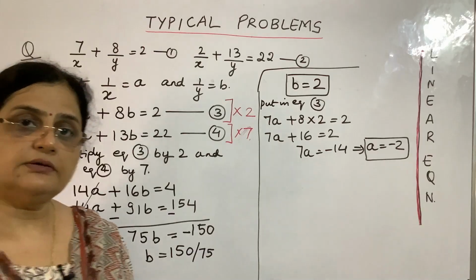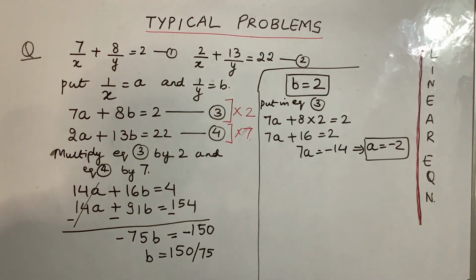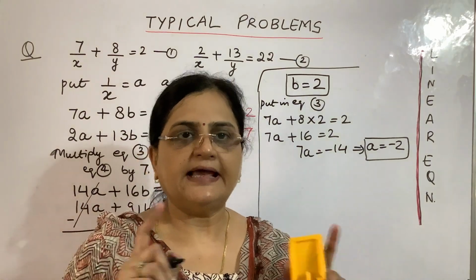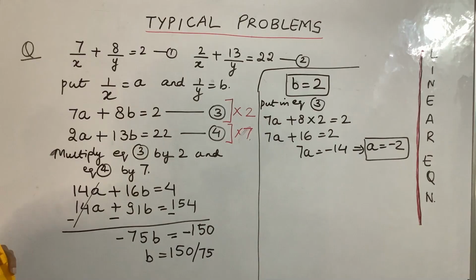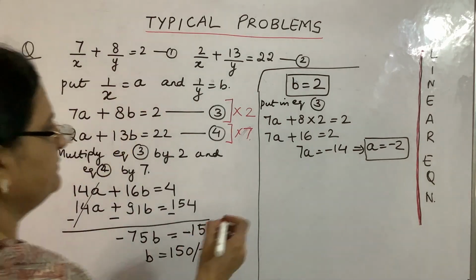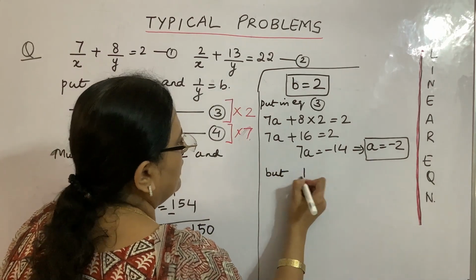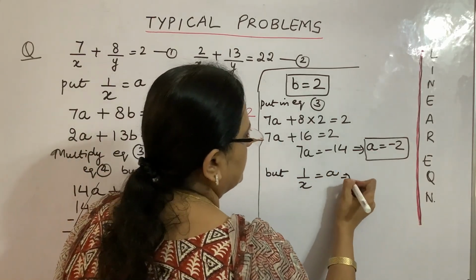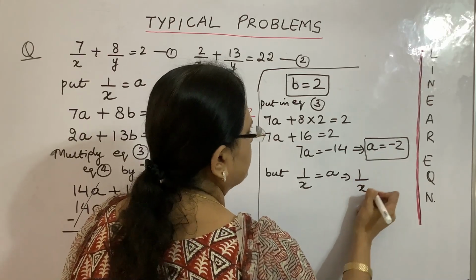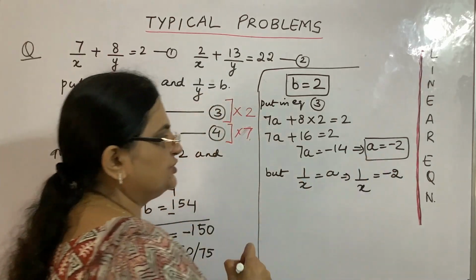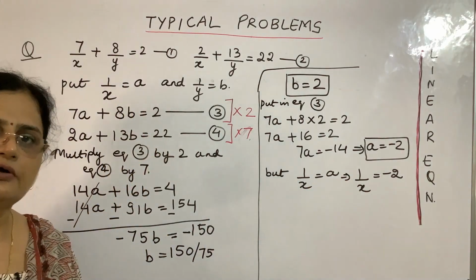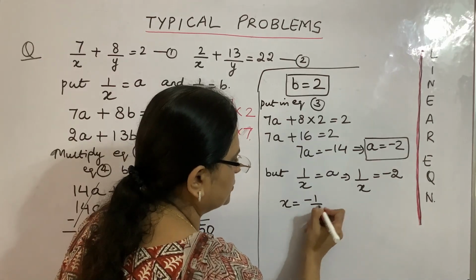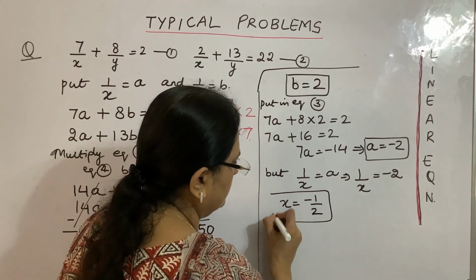Agreed? Now that we have got the values of a and b, are we required to find the values of a and b? No, we have to find out the values of x and y. So how do you find out the values of x and y? Over here, 1 upon x is equal to a. This means 1 upon x is equal to minus 2. If you want, you can cross multiply, and from here you will get x is equal to minus 1 upon 2.